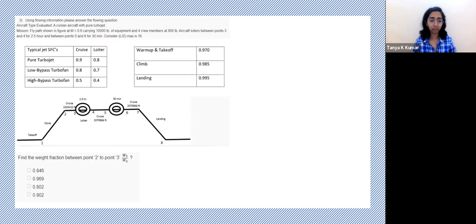Find the weight fraction between points 2 and 3, that is W3 by W2. In the lectures, we had seen some direct formulae for the fuel fraction that are different for the cruise condition and different for loiter. So between points 3 and 2, is it cruise or loiter?